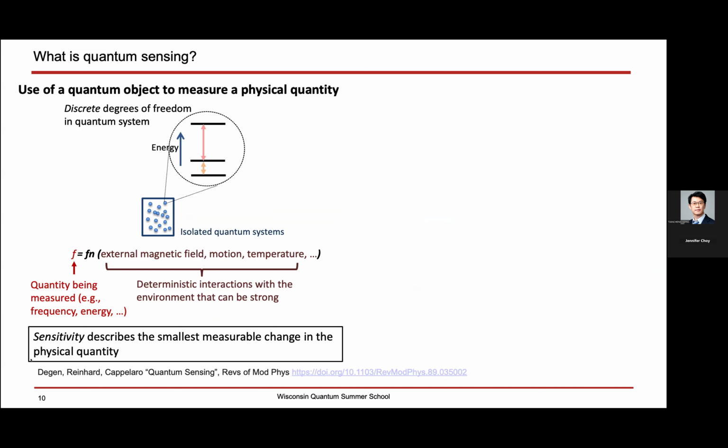Any measurement will be subject to systematic errors in your instruments, and that systematic error is another source of error. But when we're describing sensitivity, we're really describing the impact of measurement noise, and also fundamental limits of the physical system on the smallest detectable change. Okay, so this is the simplest definition of what quantum sensing is.